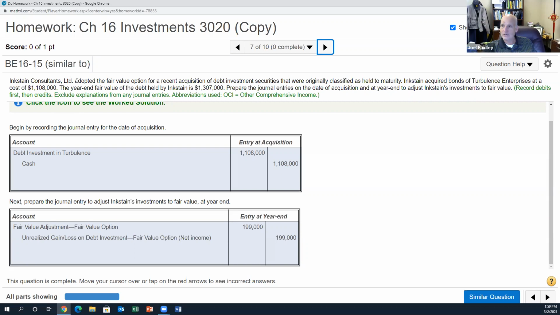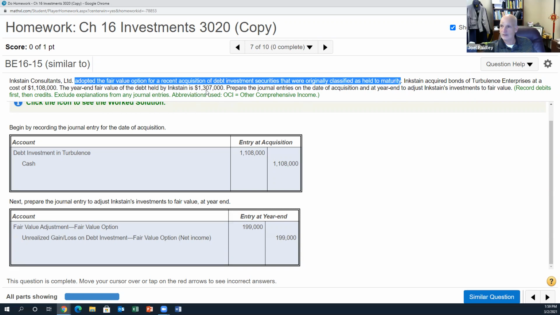They adopted the fair value option for a recent acquisition of debt investment securities that were originally classified as held to maturity. All right, that says the actual investment was $1,108,000. There it is. And it says that the year-end fair value of the debt investment was $1,307,000. So the difference between those two, we're going to write that up, right?